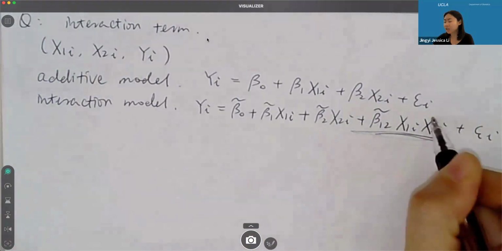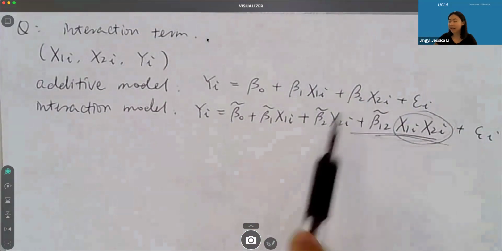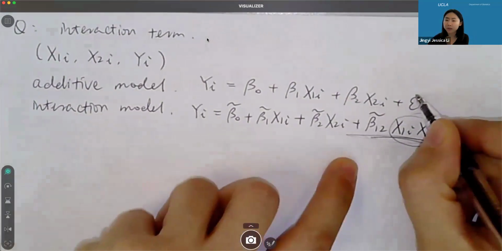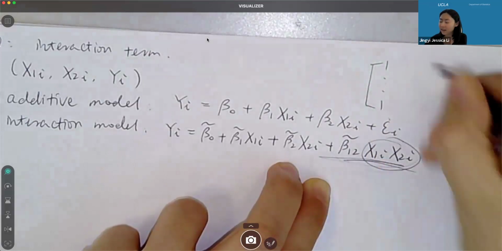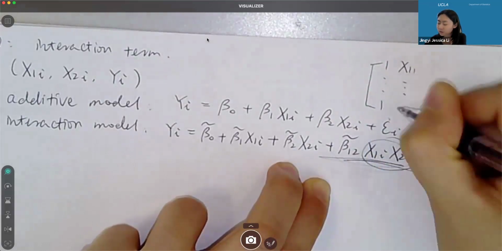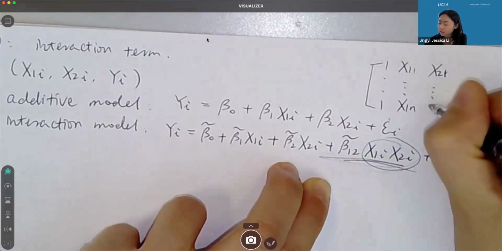So you're treating this as an additional covariate. So basically, when you fit this model in your programming, for this one your design matrix would just be a column of ones and x11 to x1n, x21 to x2n.